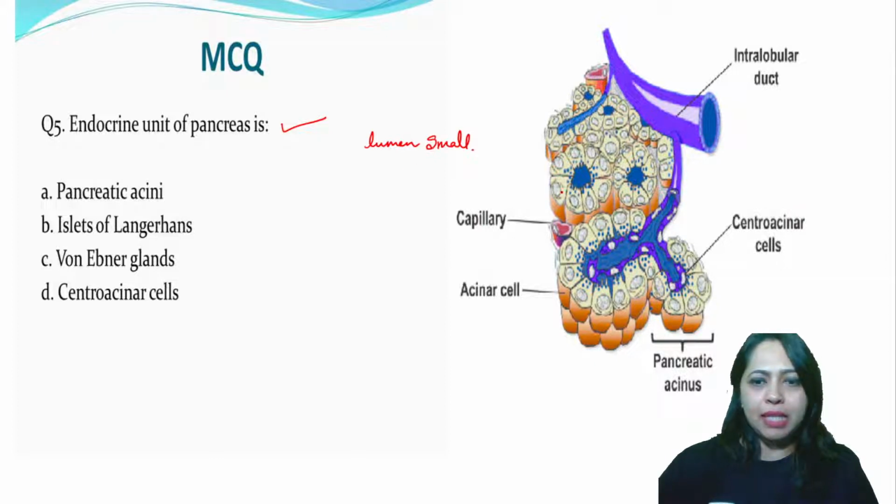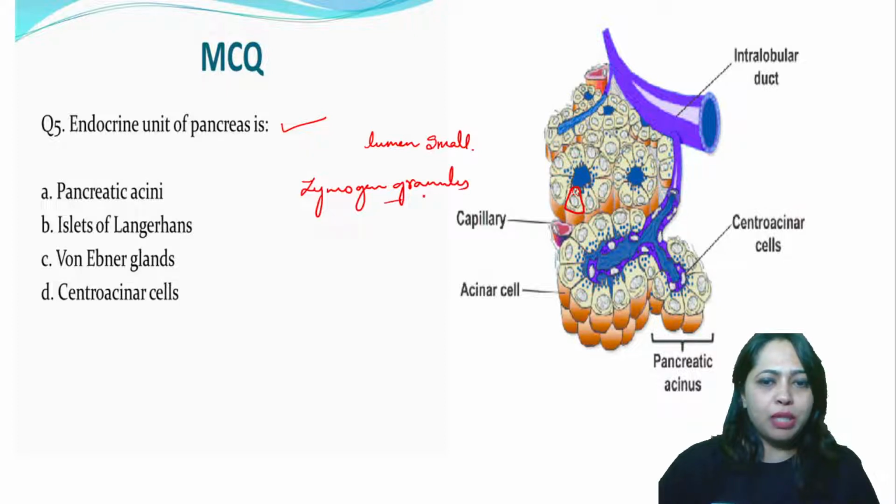All these cells are pyramidal in shape, and they have some granules. Did you notice them? They are called zymogen granules. These granules give the pigment to these cells. The nuclei are round and centrally placed.